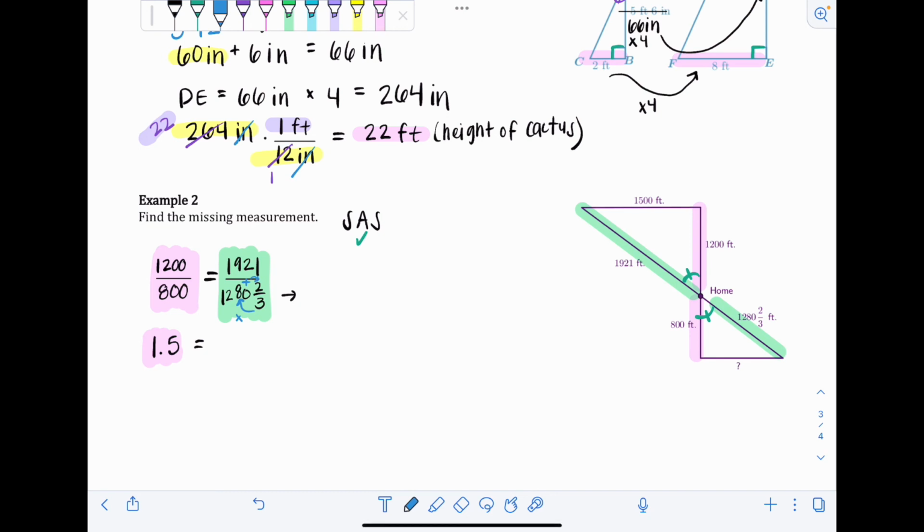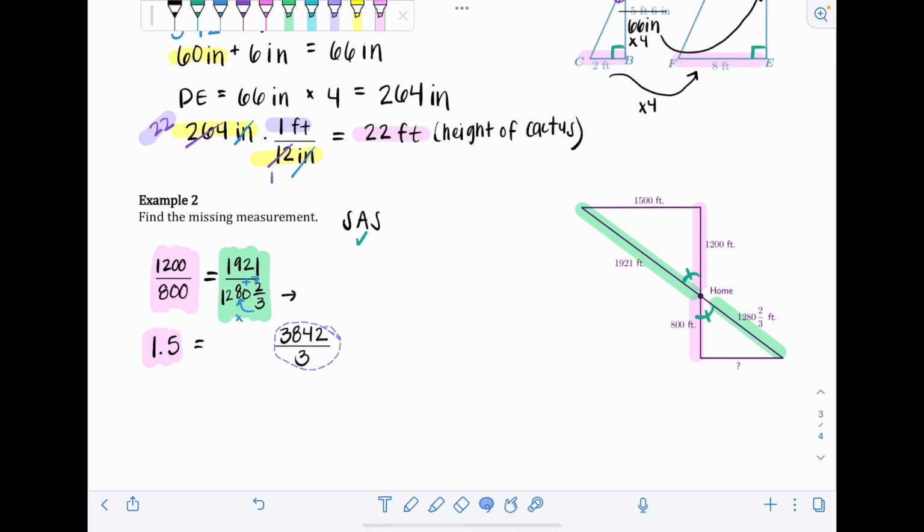So you do 3 times 1,280 and then plus 2, so that's 3,842. So 3,842 over the same denominator, so over 3. I didn't mean to write that there. Sorry. Some crazy stuff is happening.